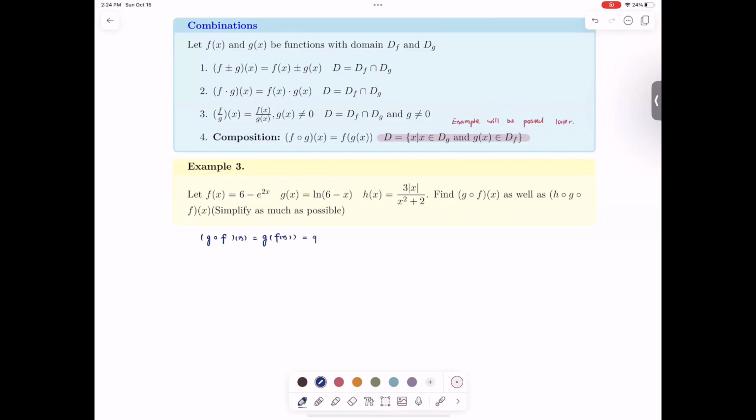If you know how to do it, why would you lose marks? So you see those two cancel out and this becomes plus. Okay, so it's log e to the 2x, which is 2x.